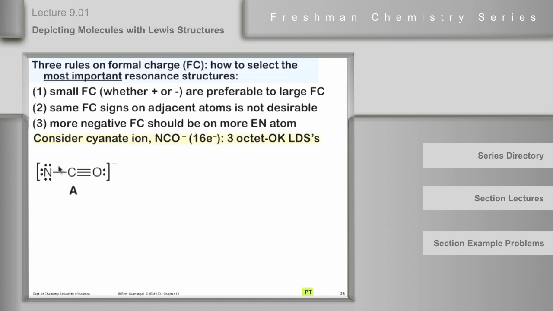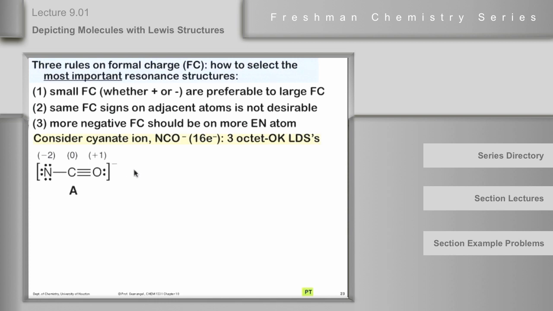If you apply the rules, that will mean on nitrogen we have a formal charge of -2, on carbon 0, and on oxygen +1. And we check ourselves to be sure we did this right. -2 and +1 gives -1. So it looks like we assigned this probably correctly.